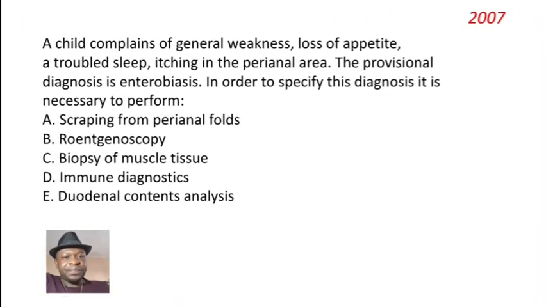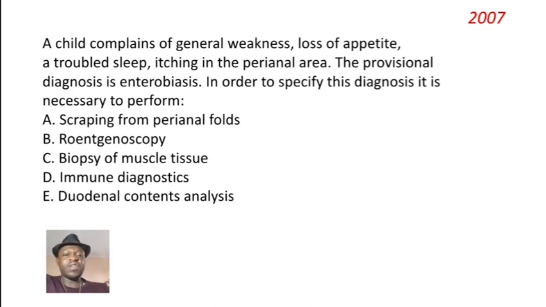Next question. A child complains of general weakness, loss of appetite, troubled sleep, and itching in the perianal area. Provisional diagnosis, you know it already, is Enterobius vermicularis. In order to specify this diagnosis, it is necessary to perform what? I told you guys, you do scraping of the perianal folds.